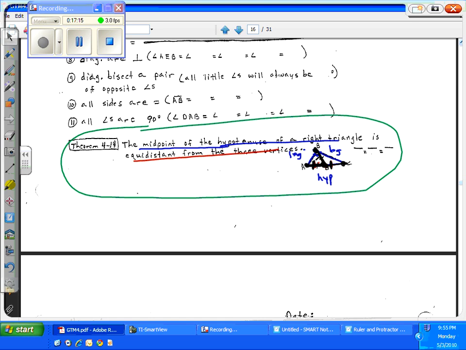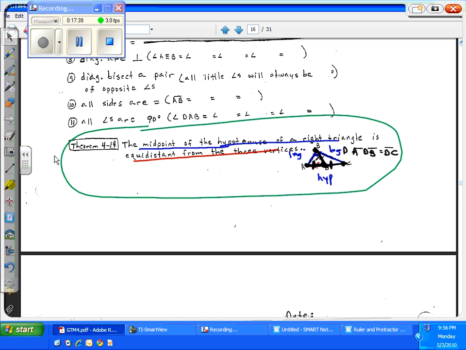Now, what that means is the distance from the midpoint of the hypotenuse to this vertex, and to this vertex, and to this vertex are all the same, which means that segment DA is equal to segment DB, which is equal to segment DC.